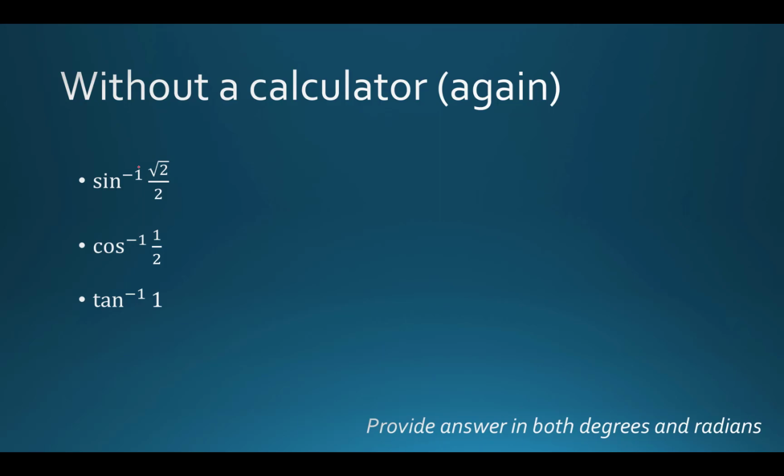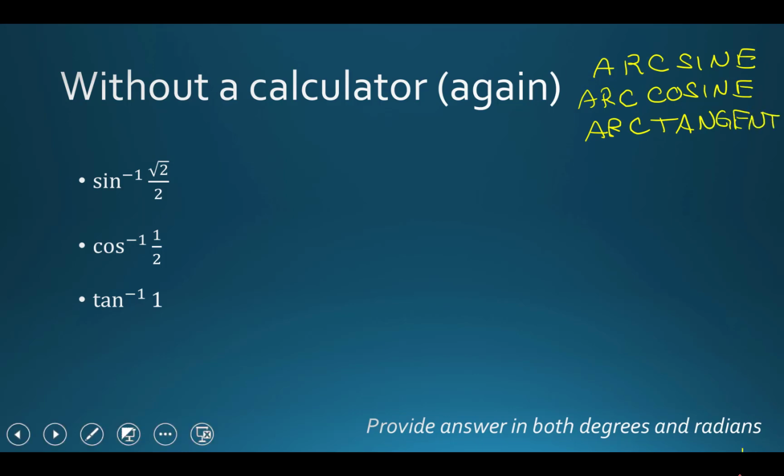So sometimes you're going to see this little button on your calculator. Picture will look like this. This is called an arc sine, arc cosine, and arc tangent. That's one way to do it.